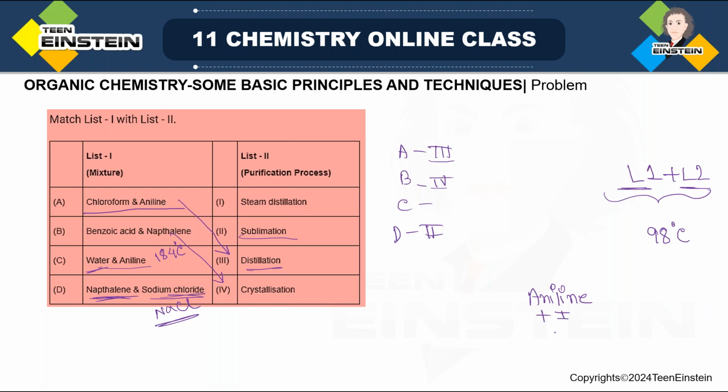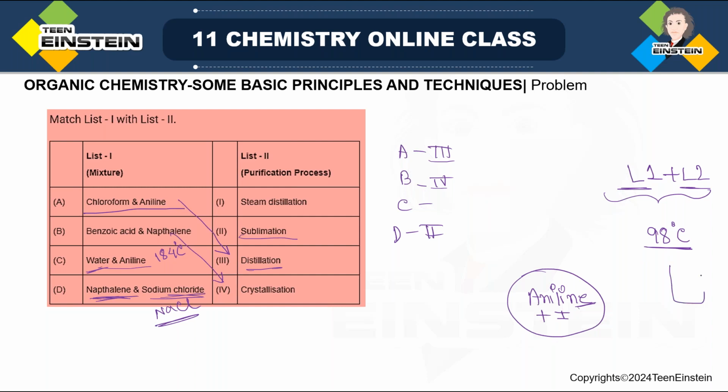I am writing I for impurity. Now if you want to purify aniline, what will you do? You can do steam distillation, because only aniline will form an azeotrope with the water. It will have a boiling point near about 98 degrees centigrade, and it will come in the distillate part, that is, after distillation, whatever we get.